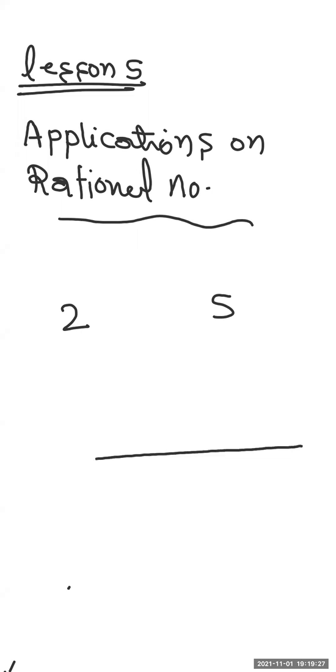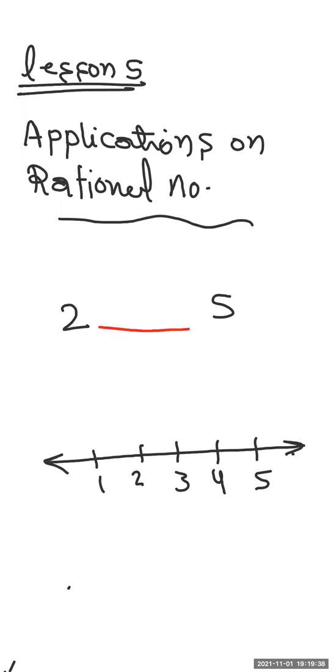Actually, on the number line, if this one is 1, 2, 3, 4, 5, so the distance between 2 and 5 is from this number 2 to this number 5. Now count the numbers between them. 1, 2, then 3, right? This one, and this one.